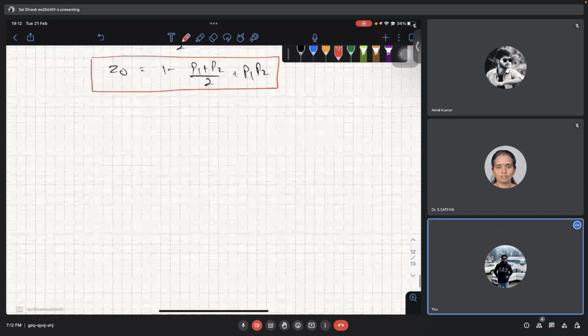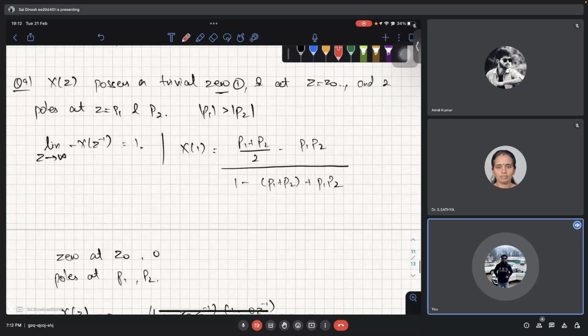Okay, and now what he has told us is that x of z inverse, for z tending to infinity, becomes 1.